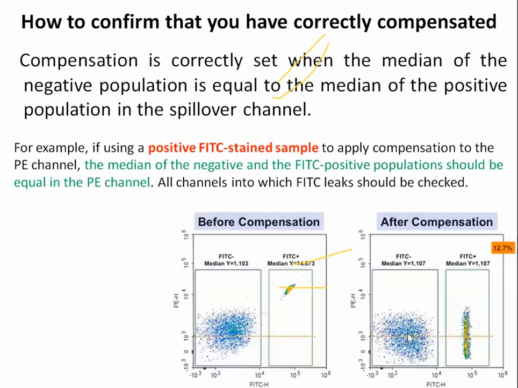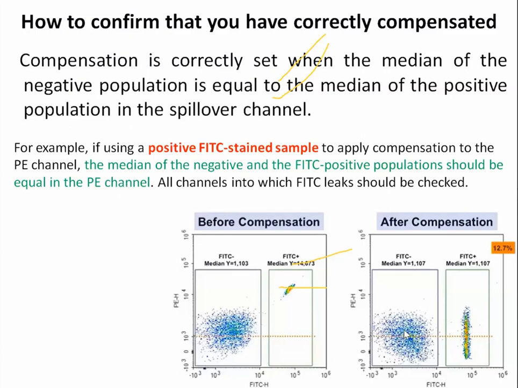The idea is the median of the FITC negative population and the median of the FITC positive population should be the same for PE. That's the statistics. During analysis, I'll show you how the statistics are done. There's software for the statistics. I'll show you that. For example, if you're using a positive FITC stained sample to apply compensation to the PE channel, the median of the negative and FITC positive population should be equal in the PE channel.